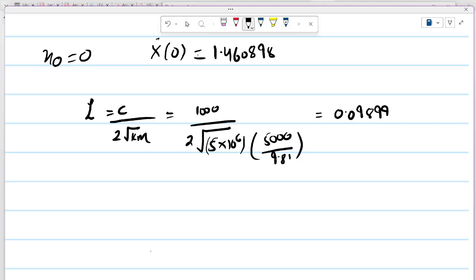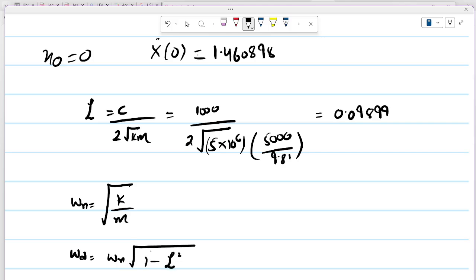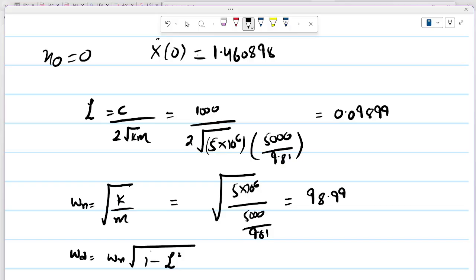From here you can find the damped and the undamped natural frequency. The undamped natural frequency would be equal to square root of k over m. The damped natural frequency would be equal to omega n into square root of 1 minus damping ratio squared. So that becomes 5 exponent 6 divided by mass, which is 5000 divided by 9.81, that is 98.99 radians per second.